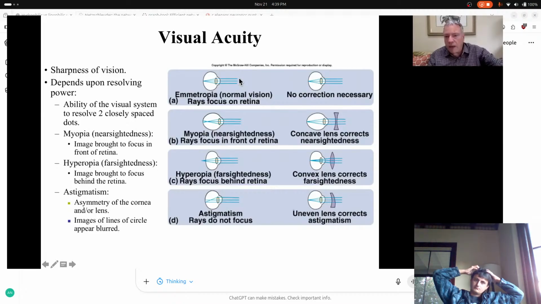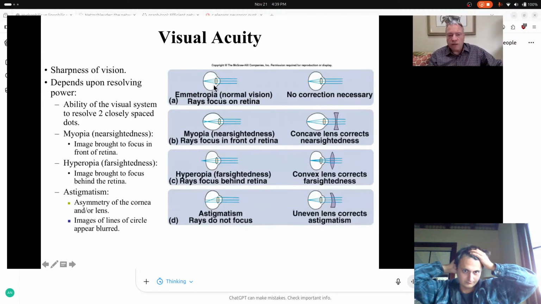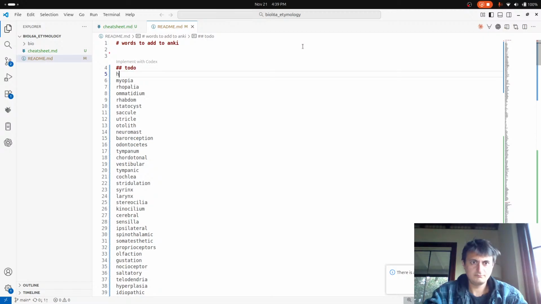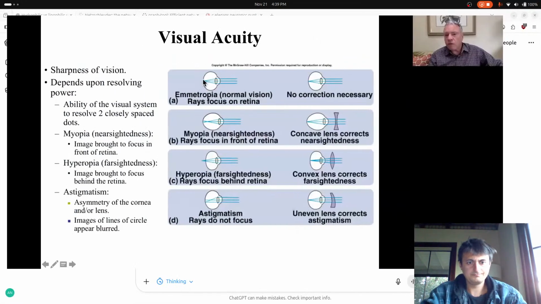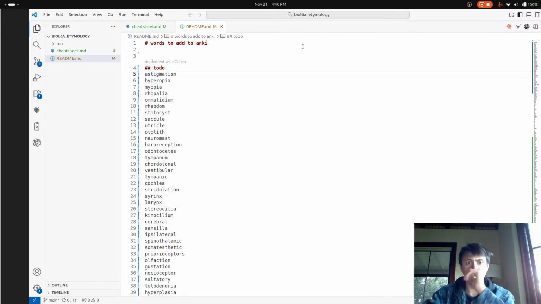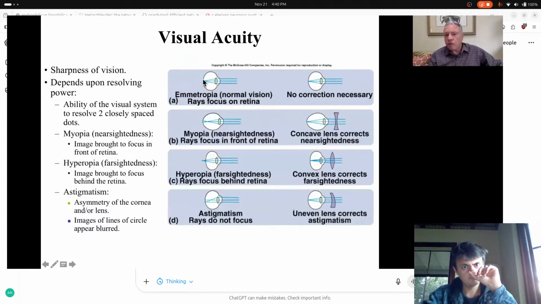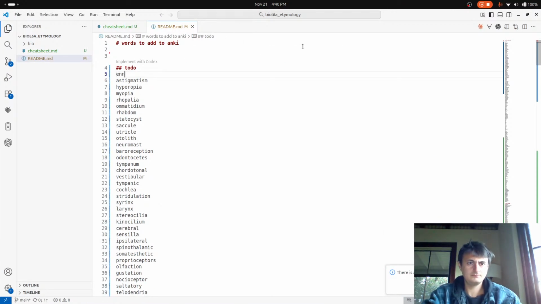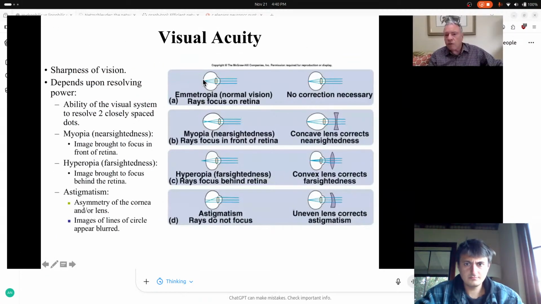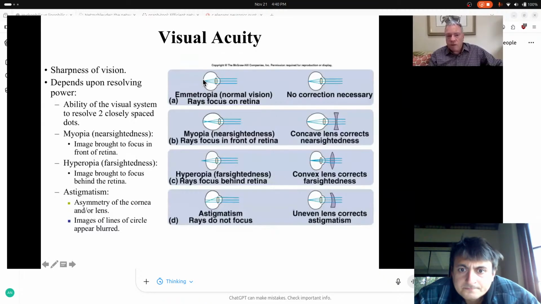Okay, and so for an object that's greater than 20 feet away, that's why we say 20/20, the light should be coming in straight, and so your lens should be at its flattest and therefore focused on the retina.